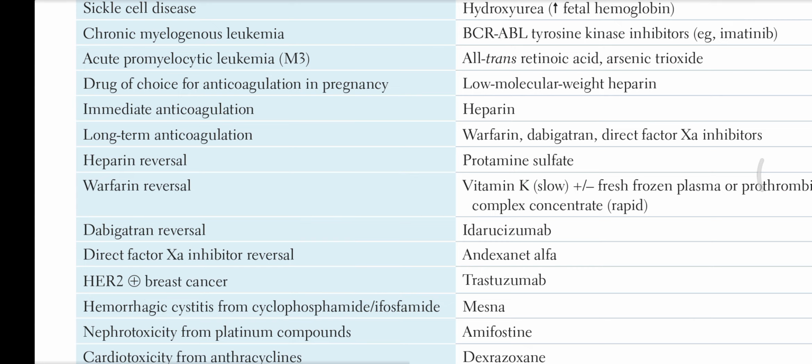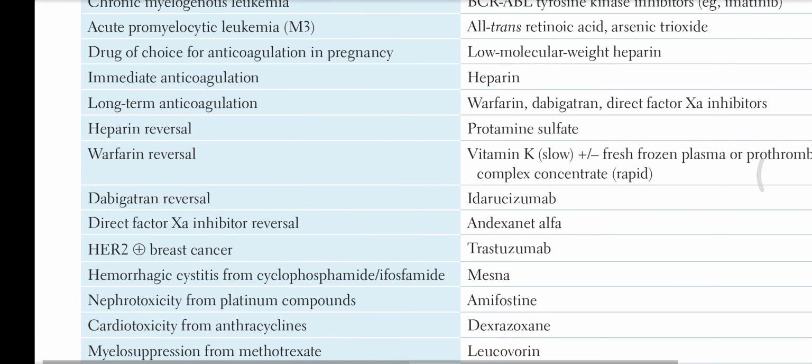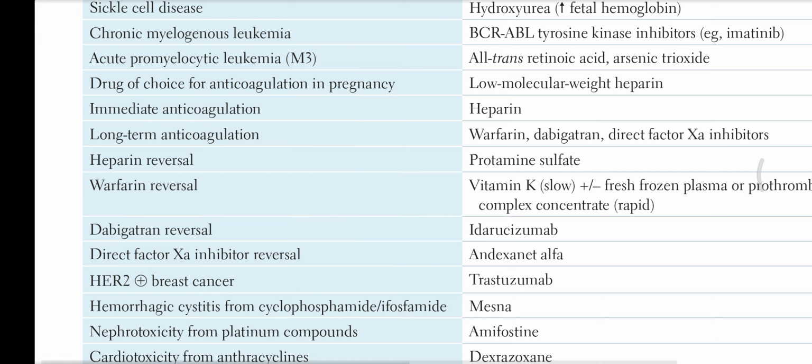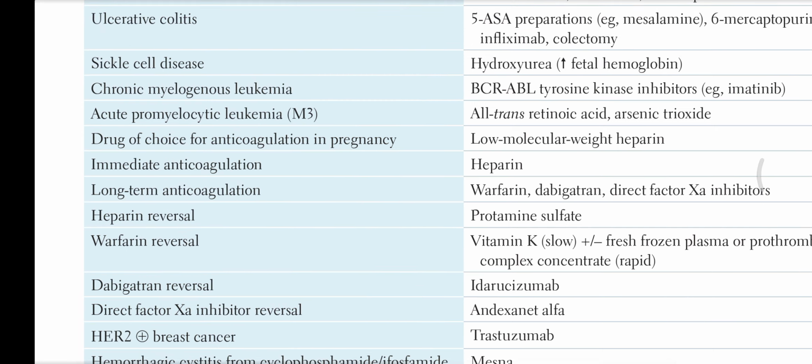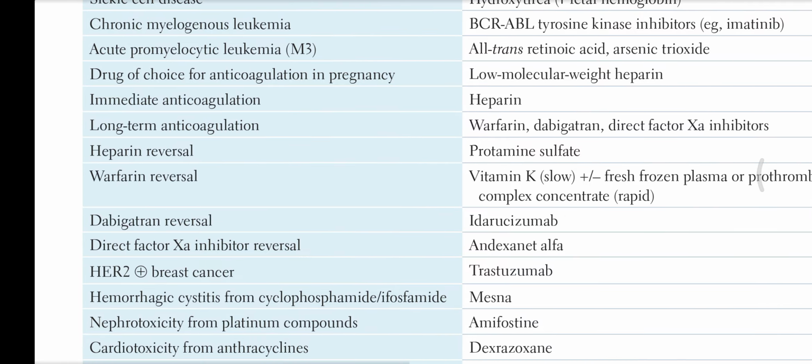Hemorrhagic cystitis from cyclophosphamide or ifosfamide, mesna is given. HER2 positive breast cancer, trastuzumab.